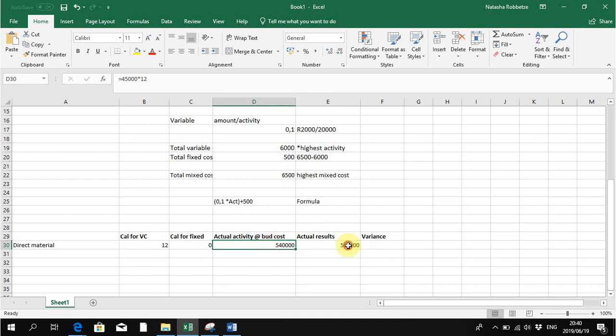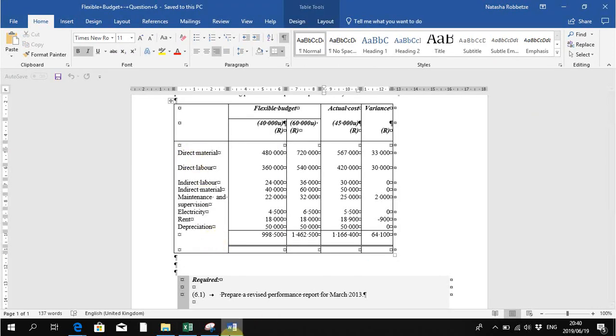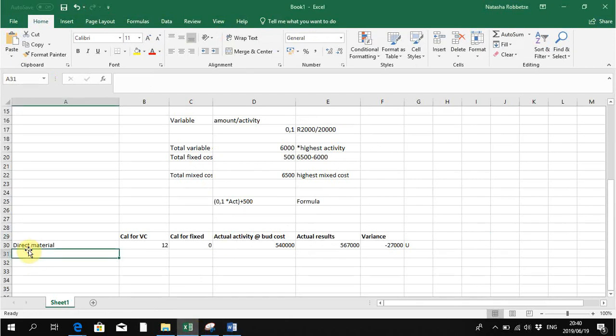I really spent 567,000. So that means that I overspent. So this must be a U, unfavorable. And the difference by which it is unfavorable is 27,000 Rand. Right, the next type of cost I have is direct labor, and we covered direct labor.